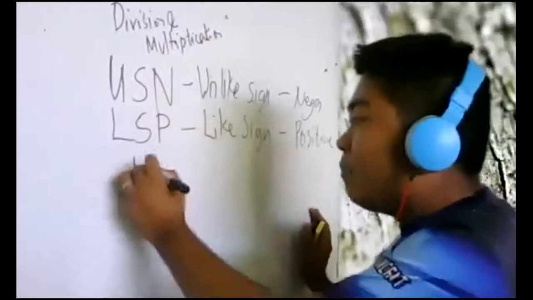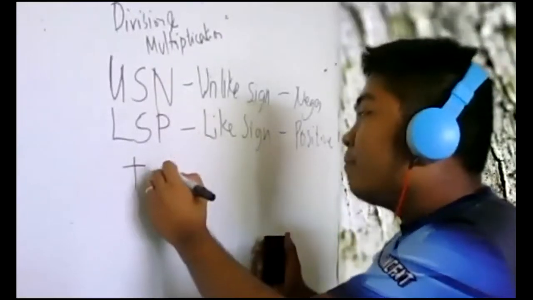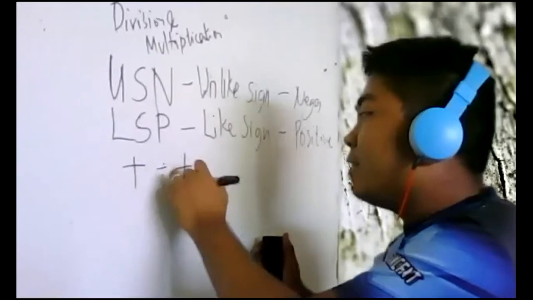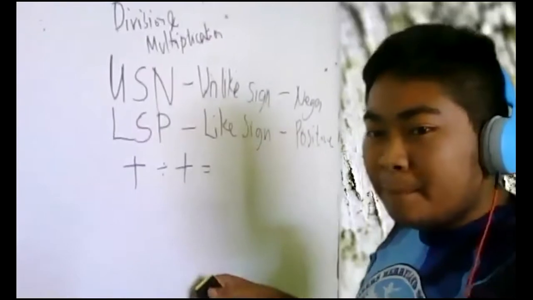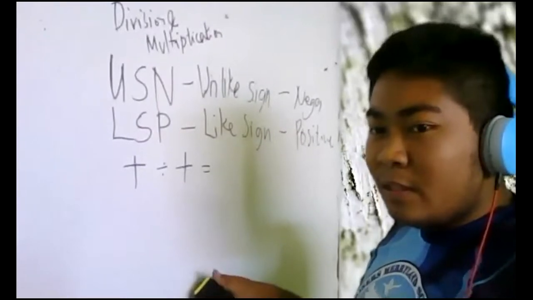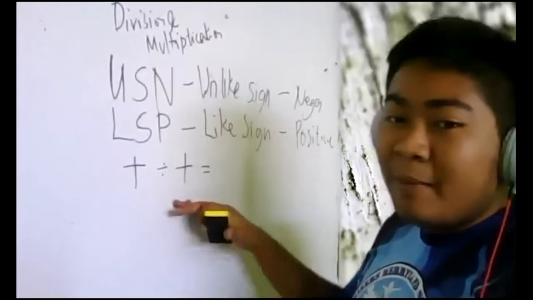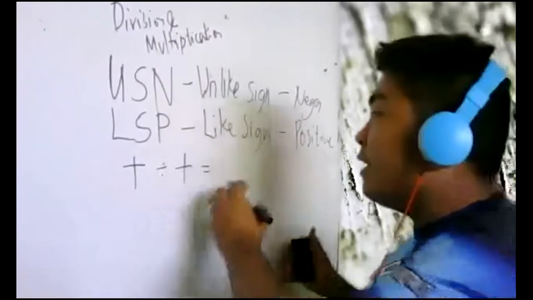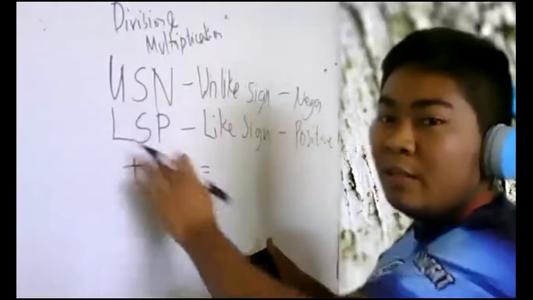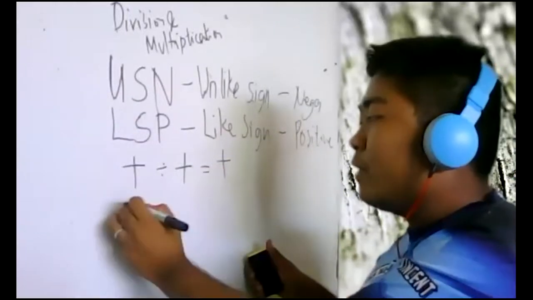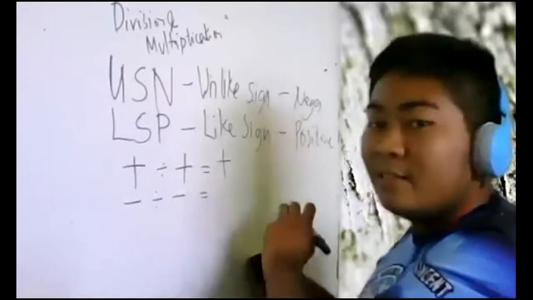So, kapag sinabing positive divided by positive, the answer is? Ayan, sige. So, positive divided by positive, the answer is always, so applying this rule, positive. How about negative divided by negative, the answer is?